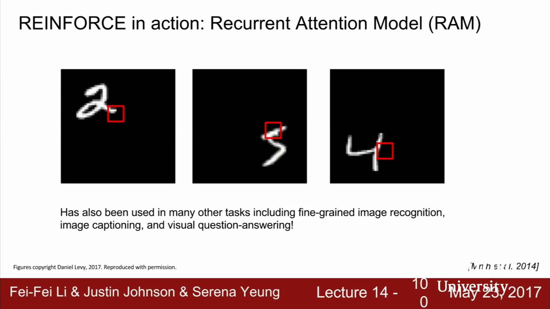It's also been used in tasks such as visual question answering, where we ask a question about the image and want the model to output an answer, for example, how many chairs are around the table? You can see how this attention mechanism might be a good model for learning to answer these questions.